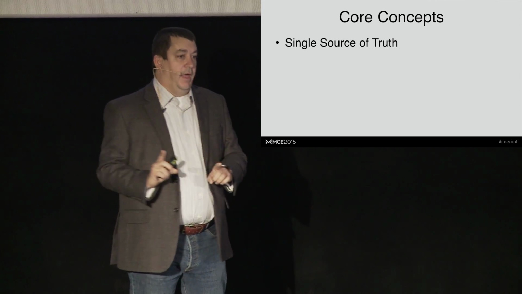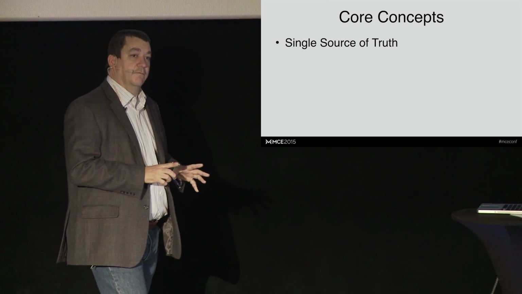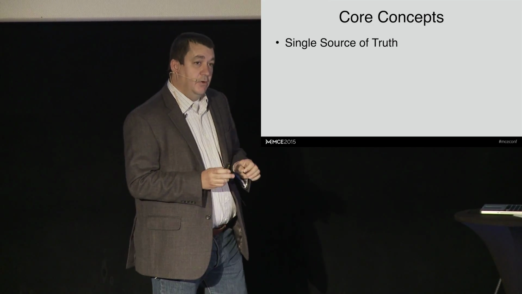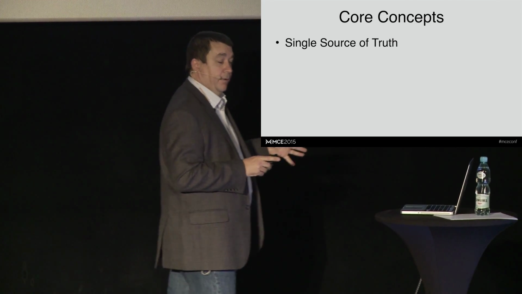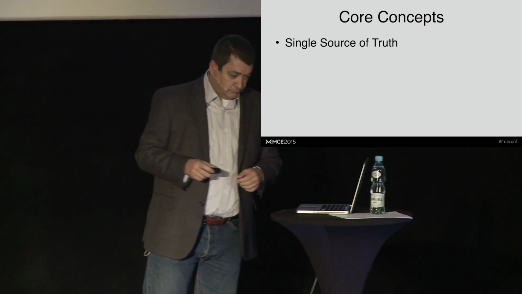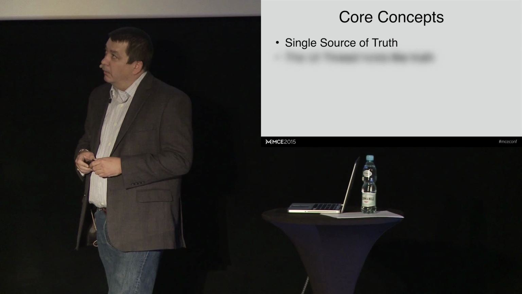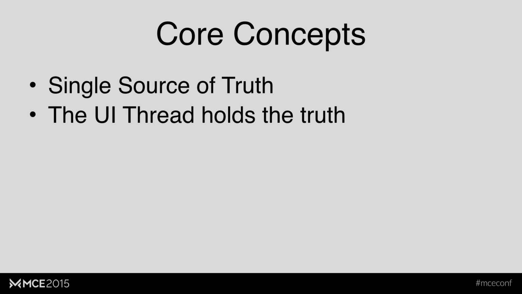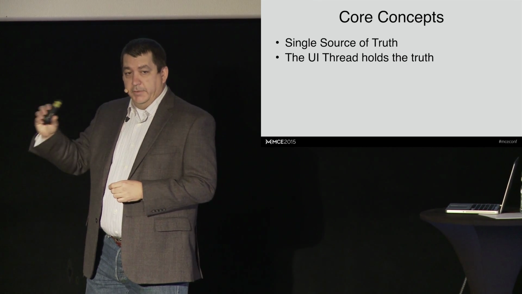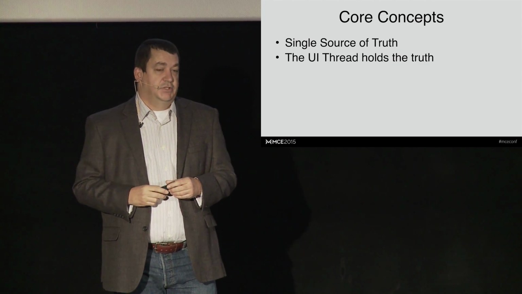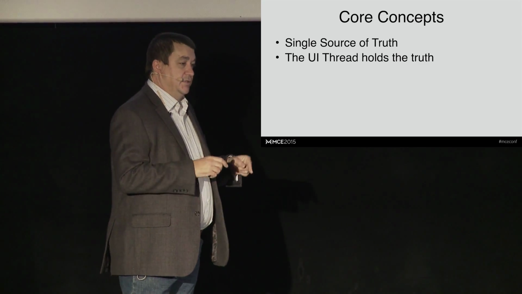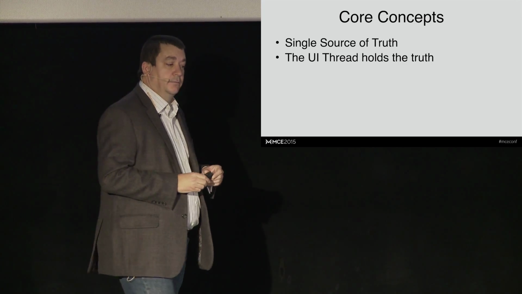If you don't do that, there is a pit waiting for you somewhere. Maybe not today or tomorrow, and it might not even get you, it might get the next guy, but it's there, guaranteed. The UI thread, the main queue, whatever words make sense to you, that is the one that your truth lives on.